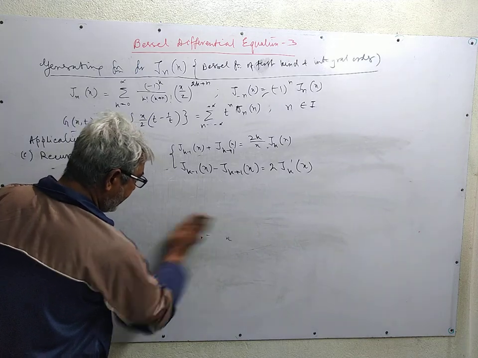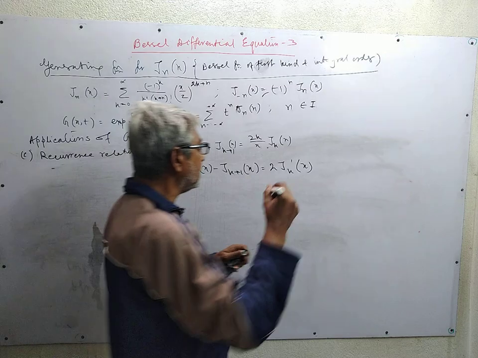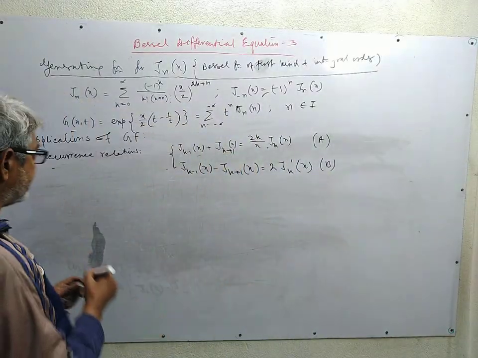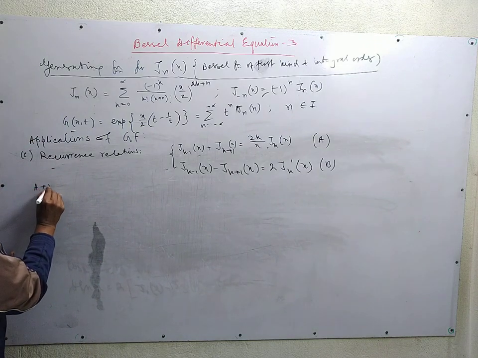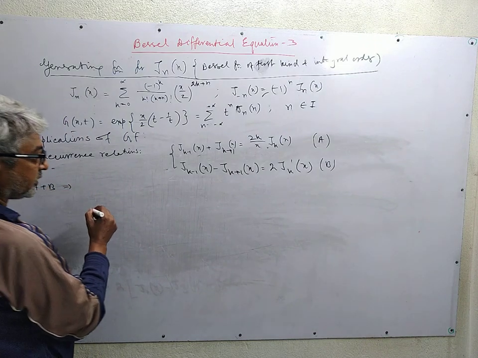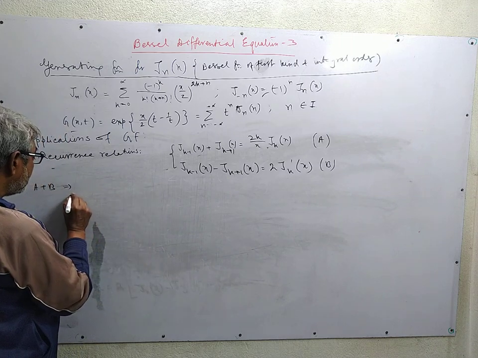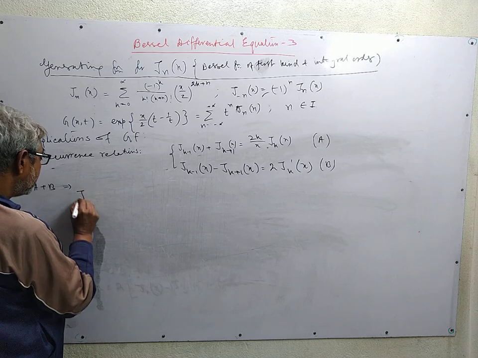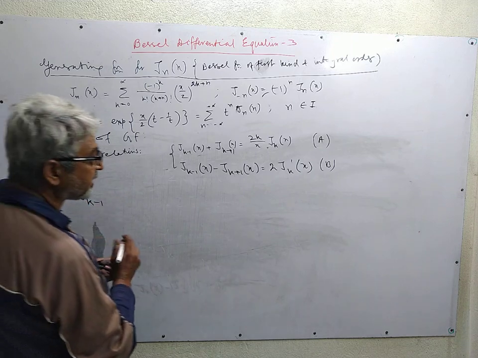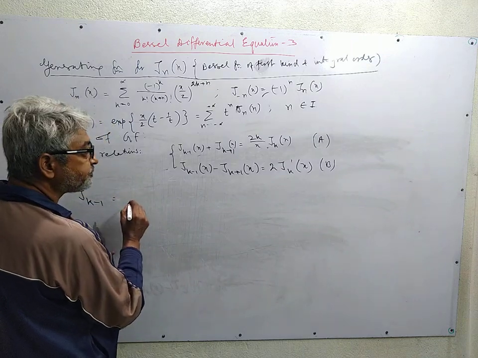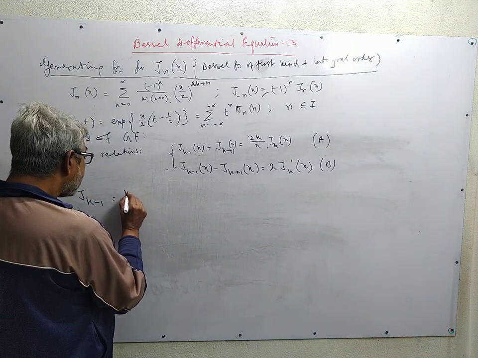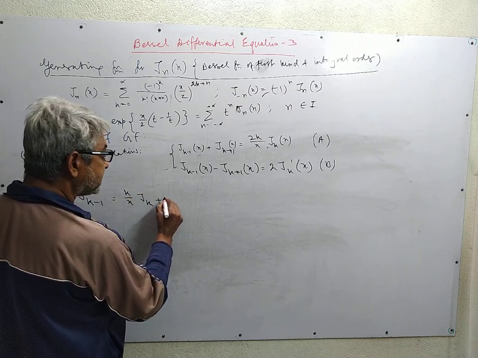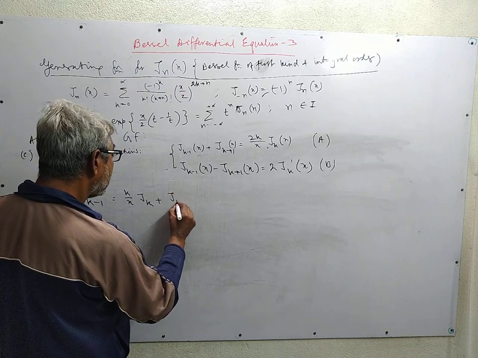So we add these two equations, calling this one A and this one B. On the left-hand side we have 2 J_{k-1}, and on the right-hand side we have (k/x) J_k plus J_k'.